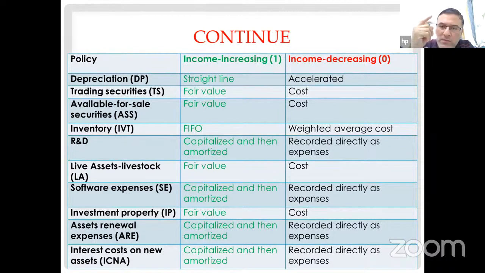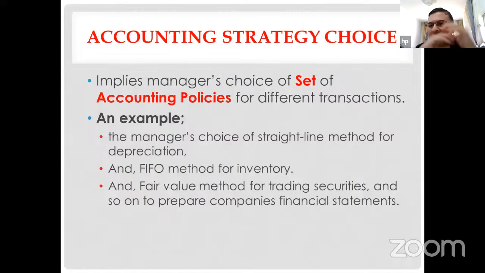But to prepare our financial statements, there is more than one transaction. Companies need to choose their methods. So when we are talking about a set of accounting policies, this means that we are talking about the accounting strategy.